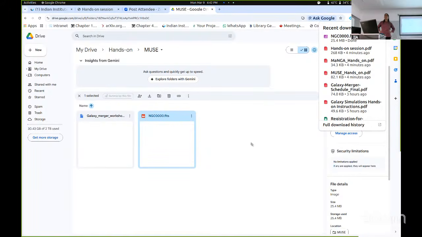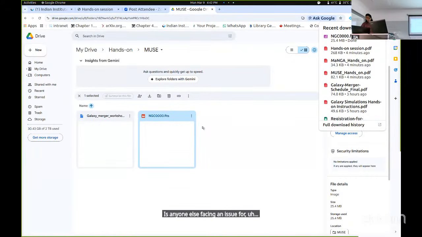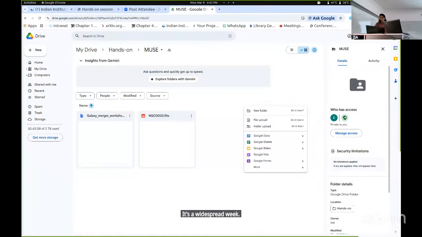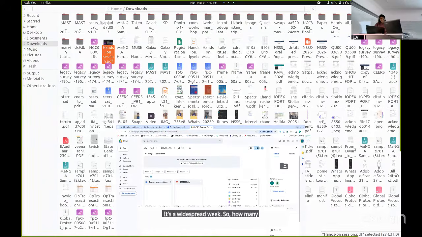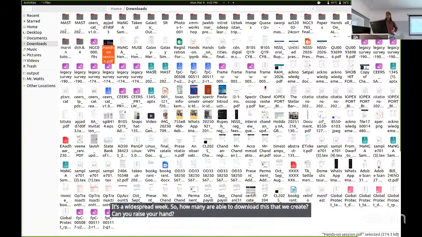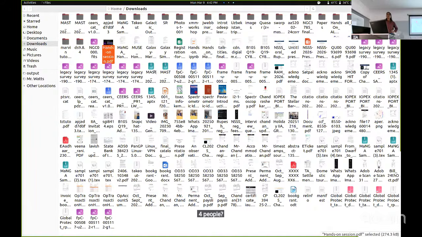Is anyone else facing an issue downloading the data? It's a Wi-Fi link. How many are able to download the data? Can you raise your hand? 24, right? How many are able to download the data? That fits, right, NGC 0000. What about the others? If there is any problem, you can say. Otherwise, Saili is there, you can just ask her if you are facing any issue.